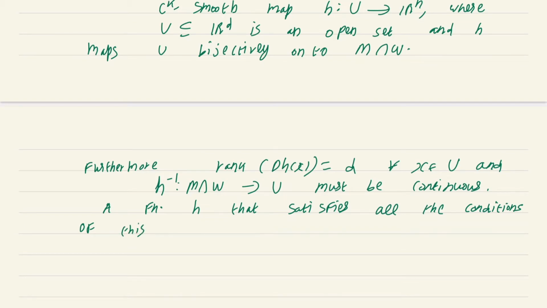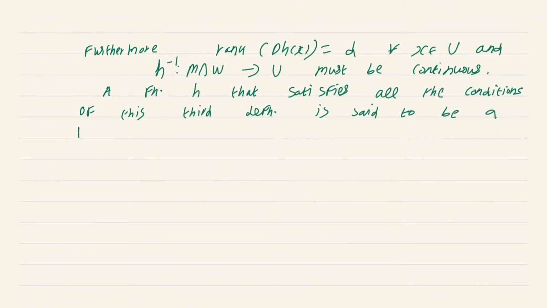This third definition is said to be a local parametrization of M near a. Okay, it parametrizes a portion of the manifold around the point a.